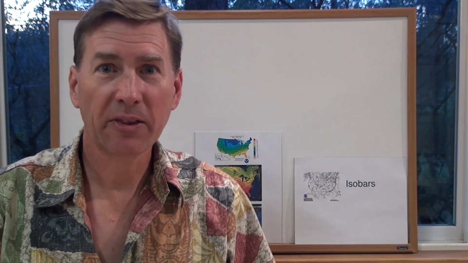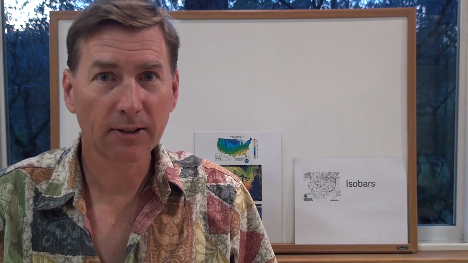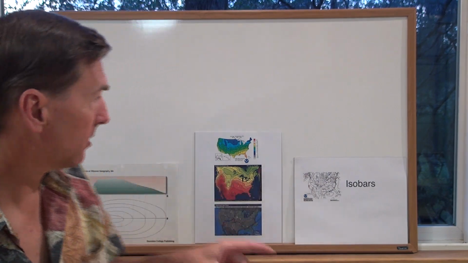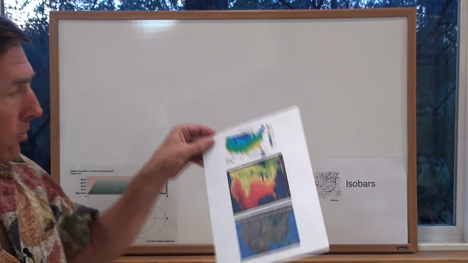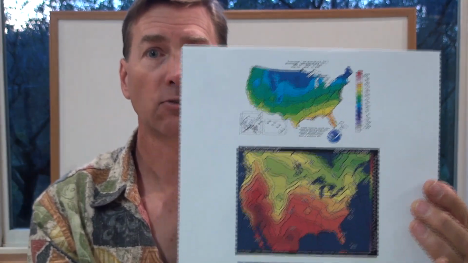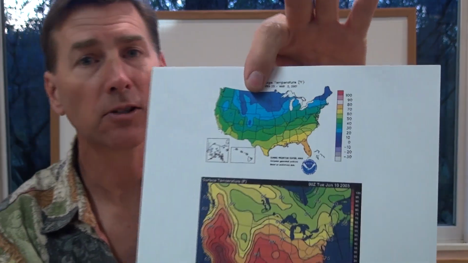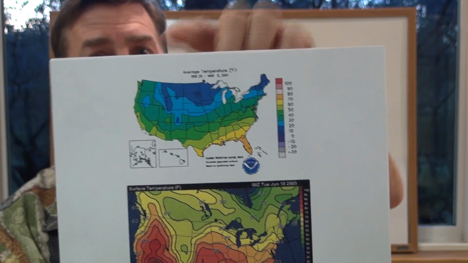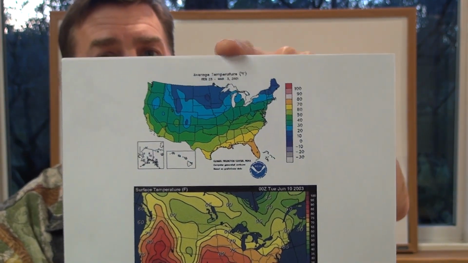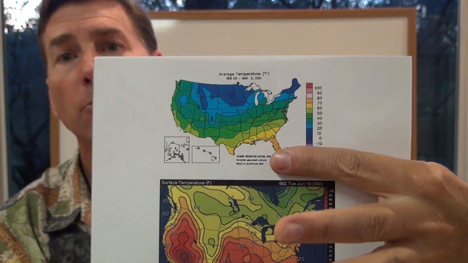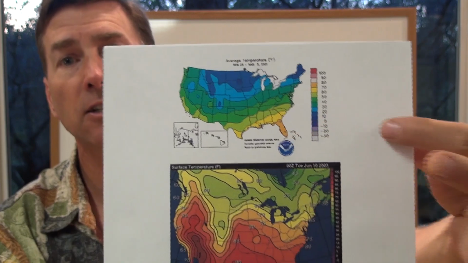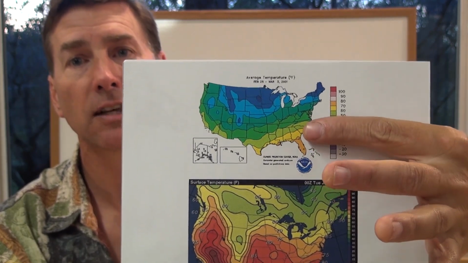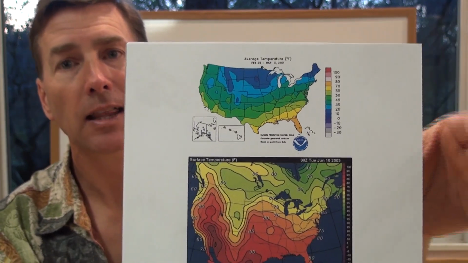Okay, so continuing on with this analogy between contour maps and isobars, let's take a look behind me here. So, for example, here we have some maps that have lines in them, isotherms. For example, this one right in here is the heat around the United States. And notice there's a discrete line between, let's say down here in the bottom, this is like 70 degrees over here on the key, and it goes like to 75, 80, something like that.